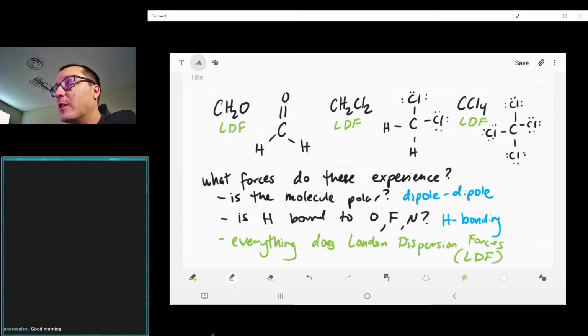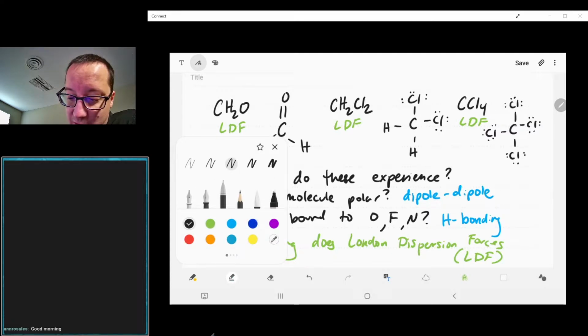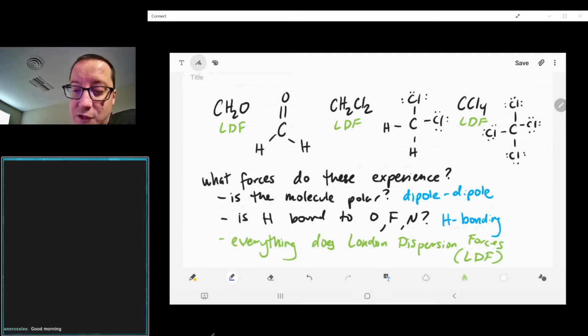And so if we look at formaldehyde, the one on the left there, we can see that it has three electron domains, and indeed we have an oxygen that is not the same thing as a hydrogen. So of course, we're going to expect that oxygen to be more electronegative, right? So it's going to end up being a little bit negative, and the carbon will be a little bit positive.